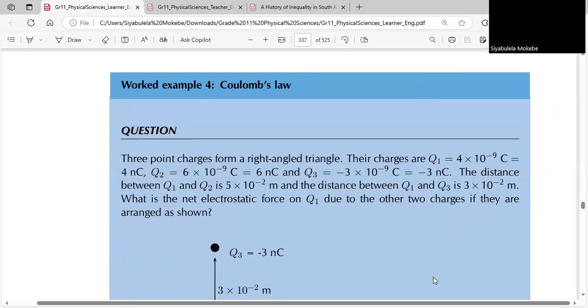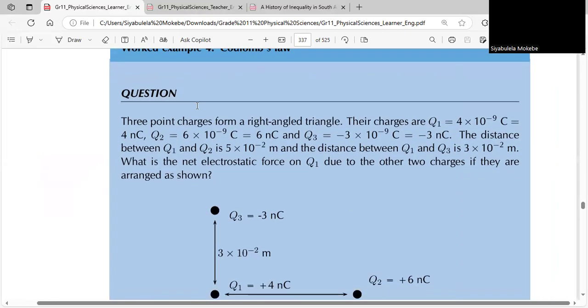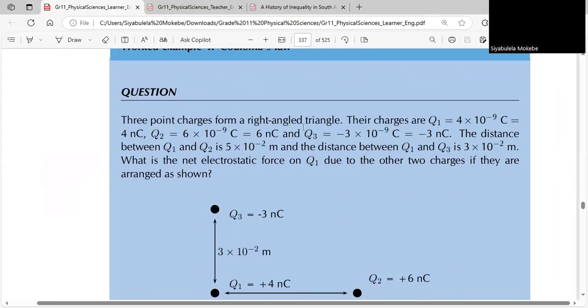All right, now let's look at worked example 4. 3-point charges form a right-angled triangle. Their charges are Q1, which is 4 nanocoulombs, Q2, 6 nanocoulombs, Q3, -3 nanocoulombs.